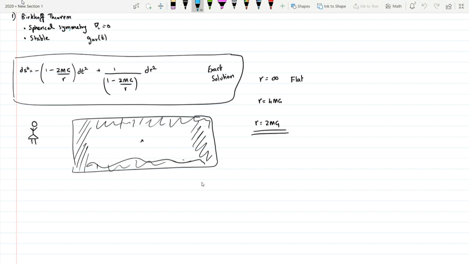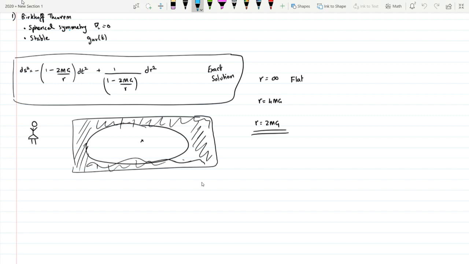But it does have a physical significance. That r is equal to 2MG is called the event horizon of the black hole. It's the area where once you cross it, you can't return. And you can prove it through GR as well by looking at the four-vector for light, applying that and seeing the geodesic at r is equal to 2MG.